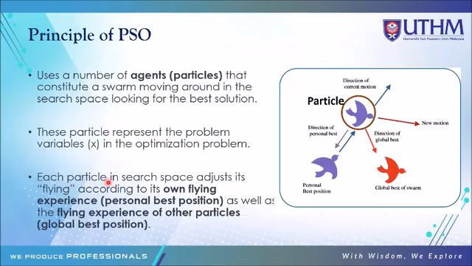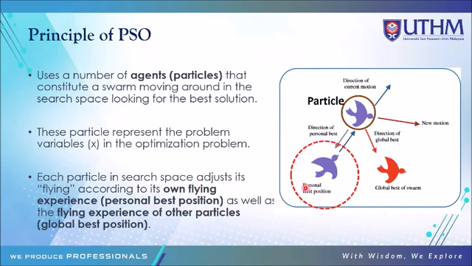Each particle in the search space tries to adjust its flying. Let's say this is a bird, we call it a particle. It tries to move from one position to another, so how does it move? It learns from its own flying experience, from previous experience, which we call the personal best.